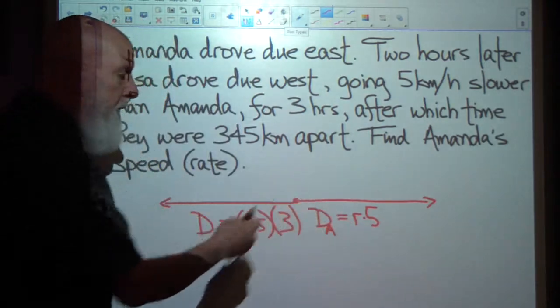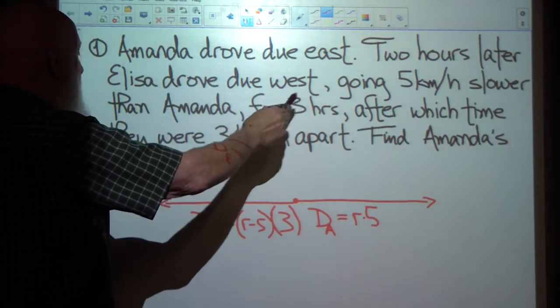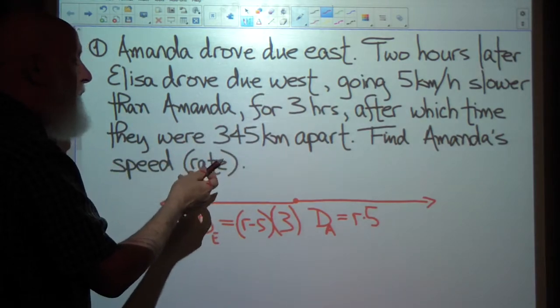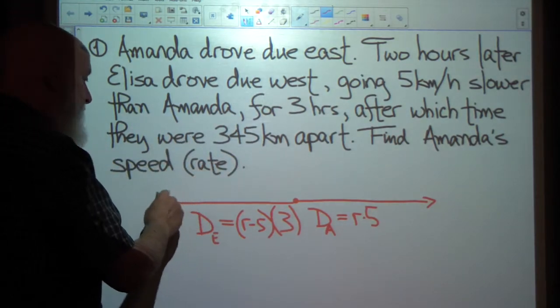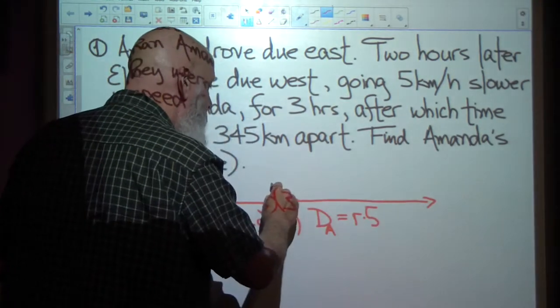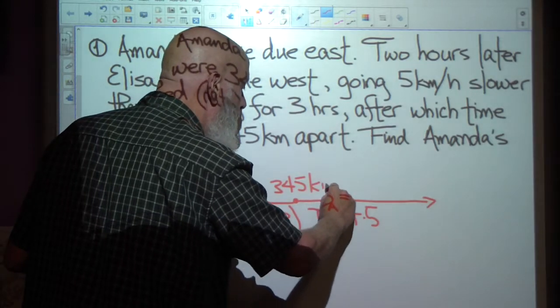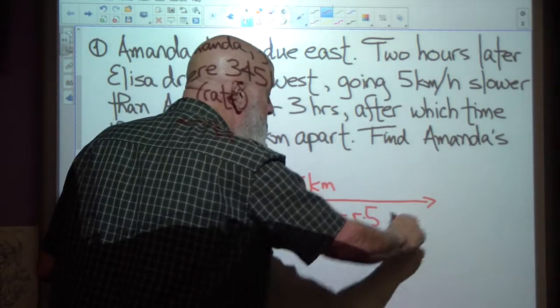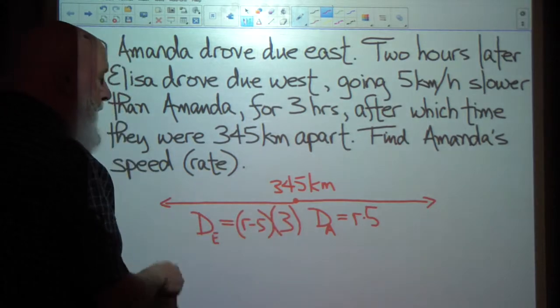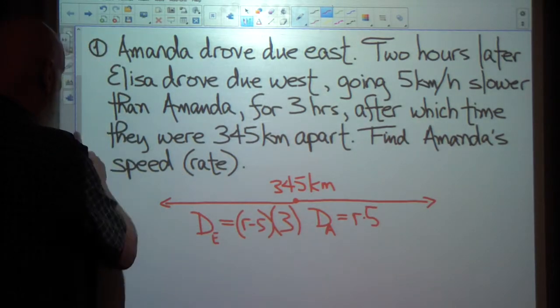R times 5, I'll call that 5R at some point, I would imagine. After which time they were 345 kilometers apart, and that's a good piece of information because after a certain amount of time, the distance that they travel is going to be 345 kilometers. That means if I add this distance that Amanda traveled to this distance that Elisa traveled, the sum will be 345. So that's what I'm going to do.